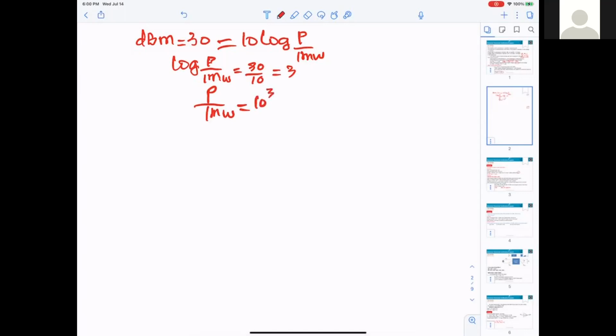Okay. And then it equals 1,000. So P over 1 milliwatt, times 1,000, is 1,000 milliwatt, which equals 1 watt.